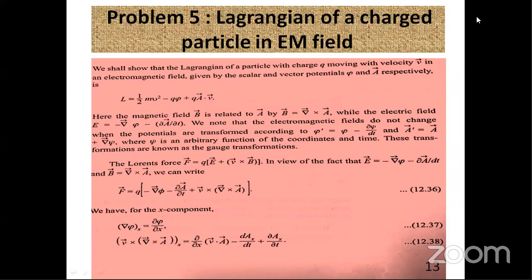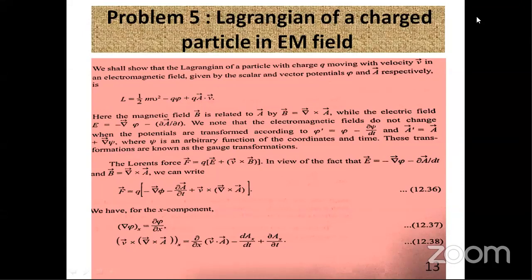The scalar potential is denoted by phi, it is a scalar, and the vector potential is denoted by A. I am to show that the Lagrangian for a charged particle of mass m moving in an EM field with velocity v is half m v square minus q phi plus q A dot v.